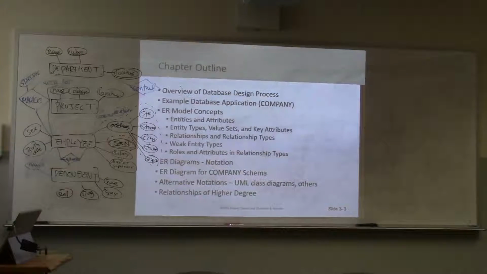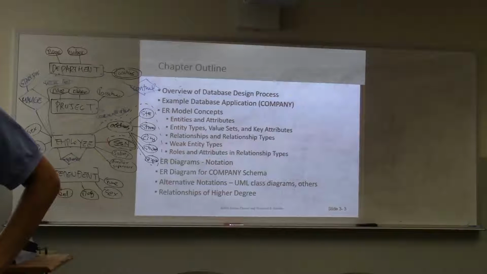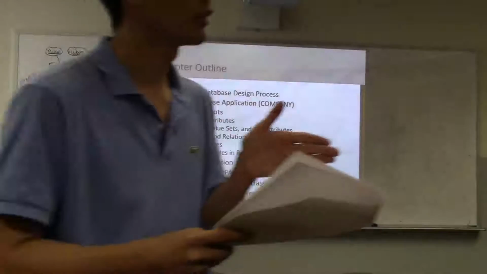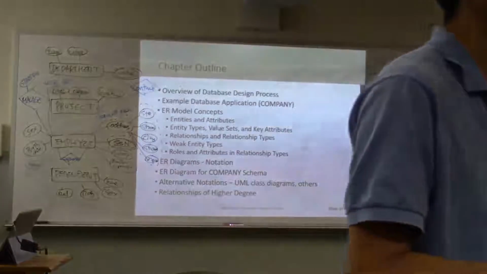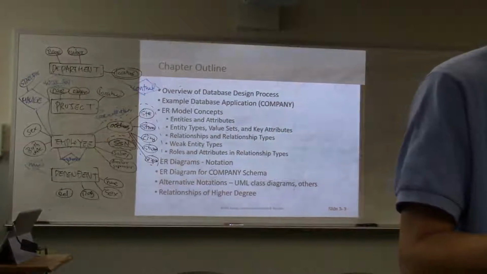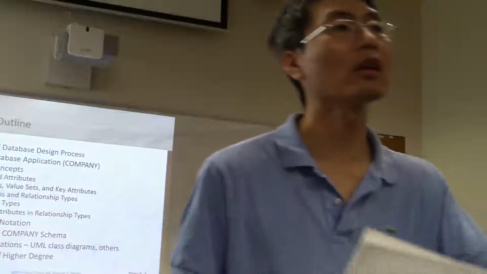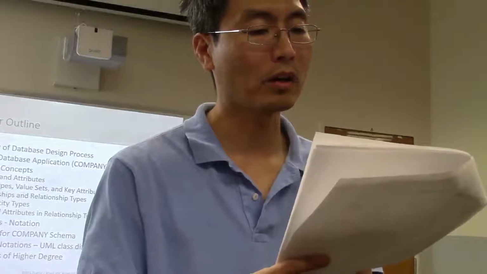Why don't you read the description carefully regarding the relationship? Sometimes you can see singular. Sometimes you can see plural. For example, an employee manages the department, which means one employee manages one department. Each employee. But what about the next one?